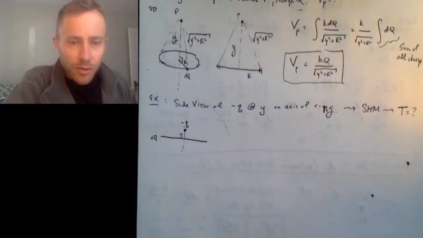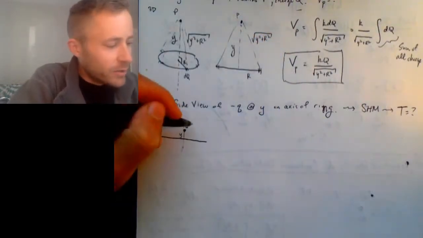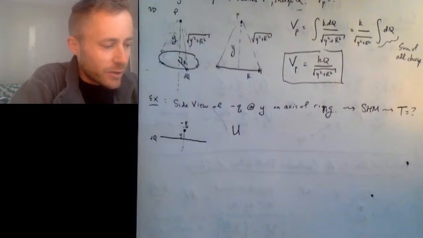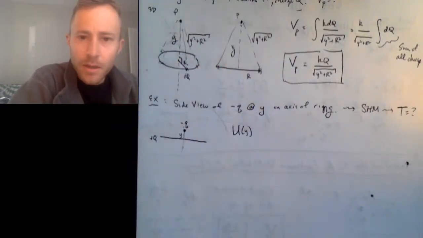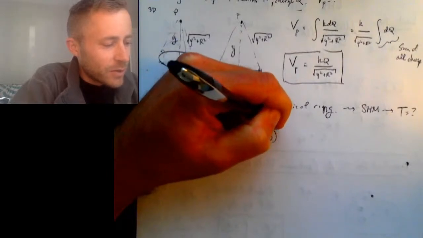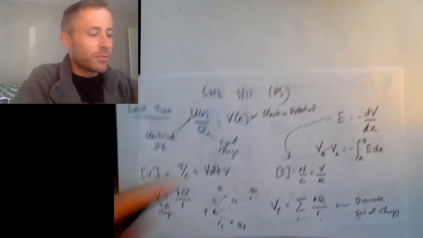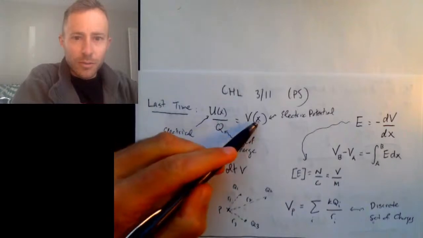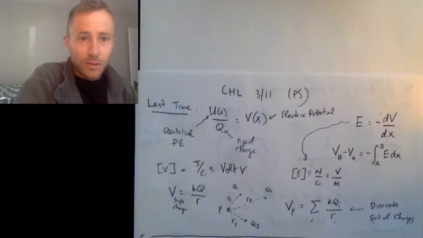So what we want to do is use this formula, and we're going to notice that the potential energy of this charge as a function of y is going to be the size of the charge, which is negative q, times the potential that it experiences. This is the very definition of electric potential. If I take the electric potential and I multiply by the size of the charge, I get its electrical potential energy.